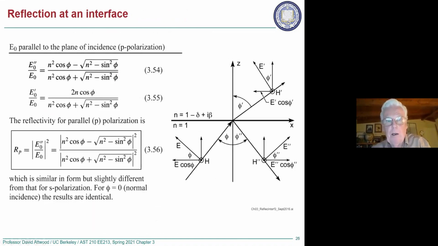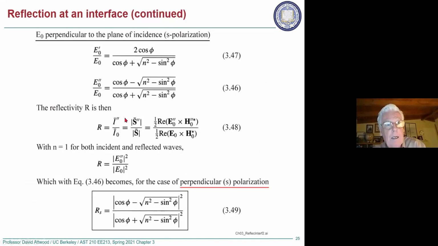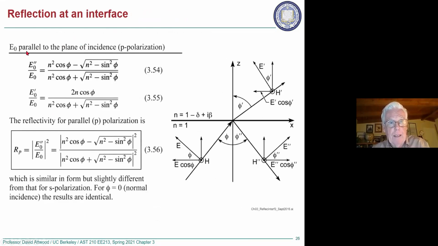Now let's put in our refractive index. There are two polarization cases, and you usually treat them as orthogonal. One is where the incident field is perpendicular to the plane of incidence, and one where it's parallel to the plane of incidence.